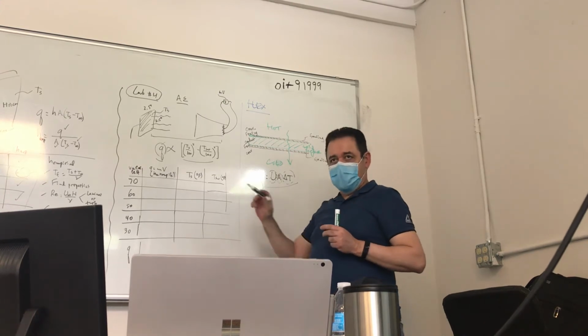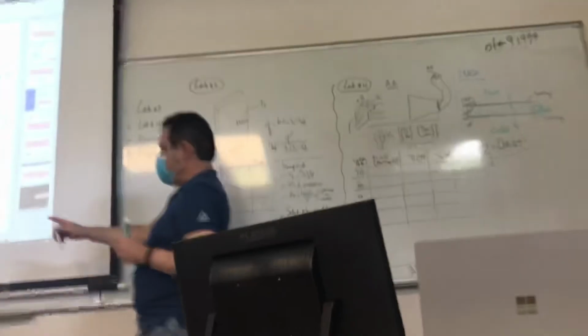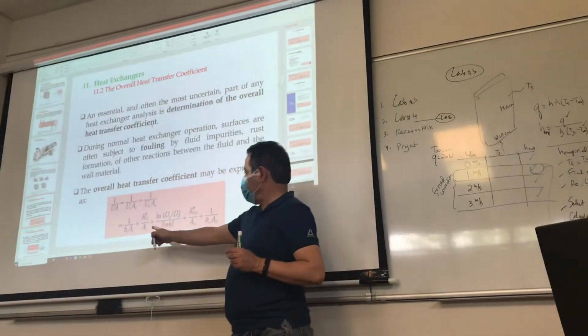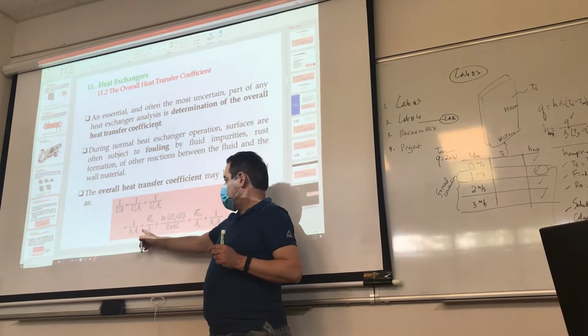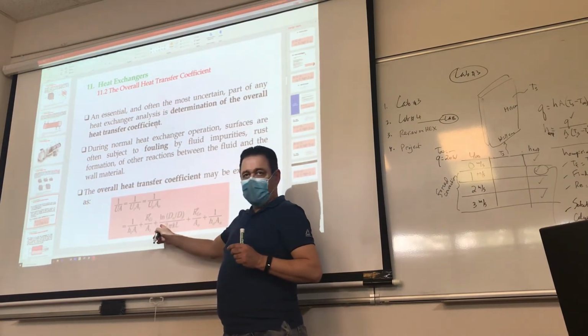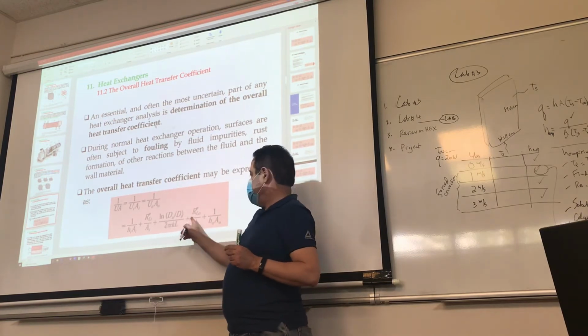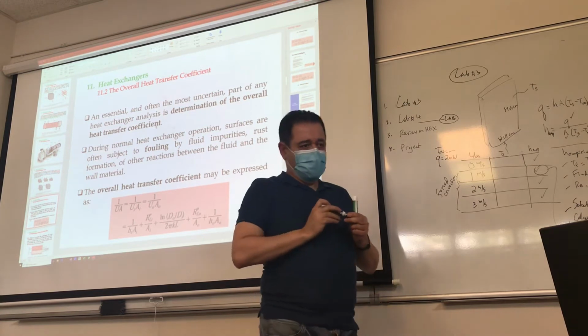Two different things. So to find U, these are the 5 resistances that I talked about. Remember, 1 over hA represents the convective resistance. This is the fouling resistance. This is the conductive resistance. This is the other fouling resistance, and then this is the other convective resistance.